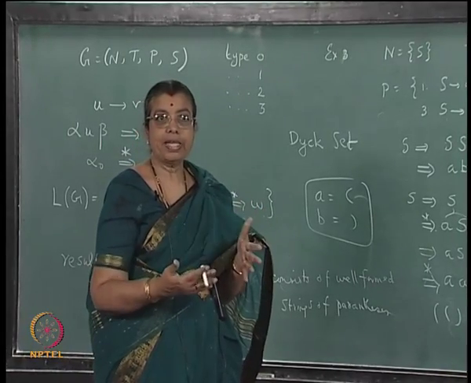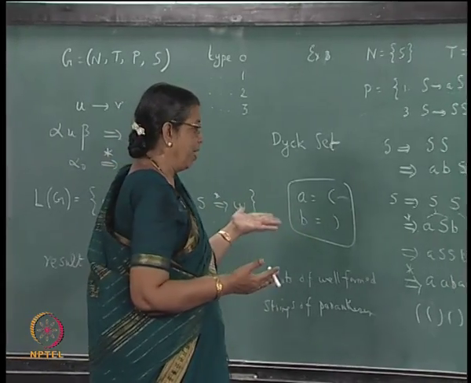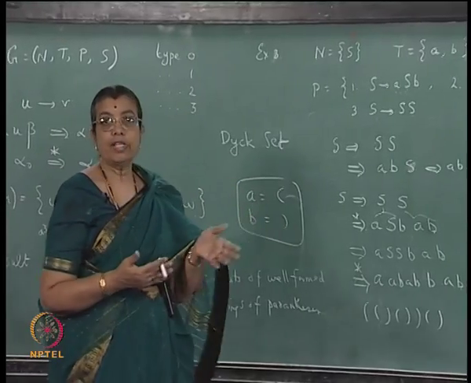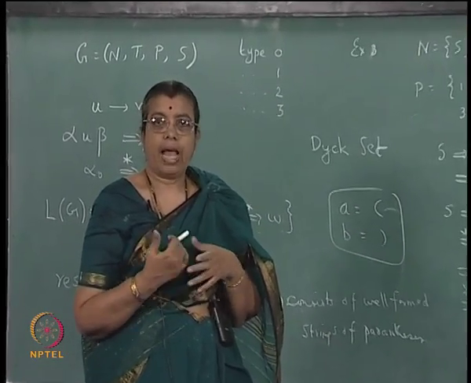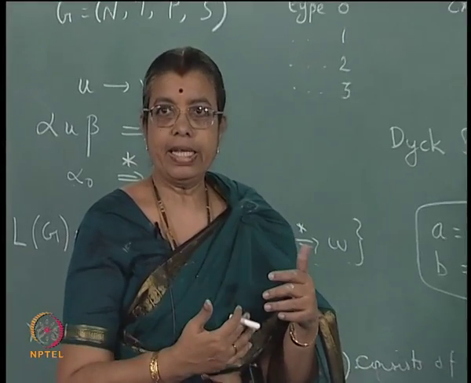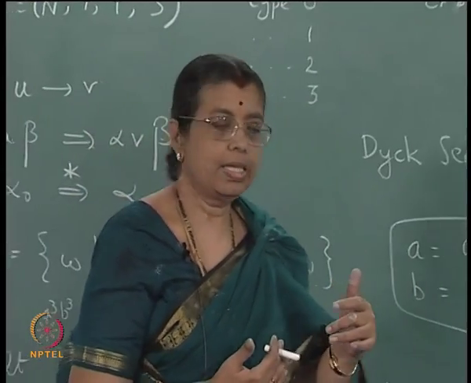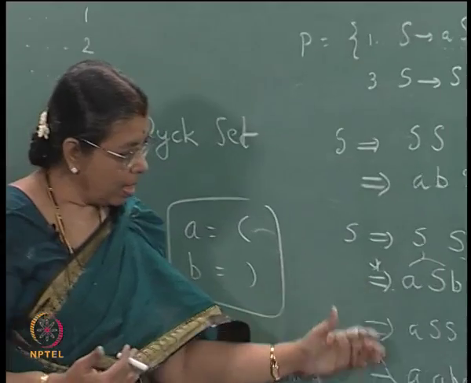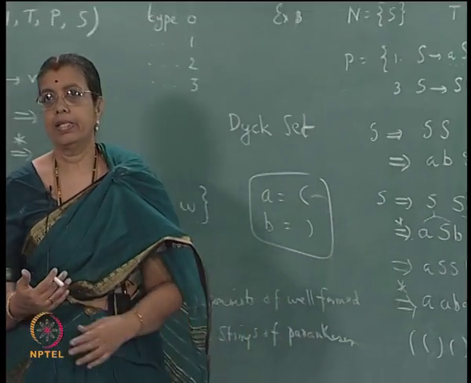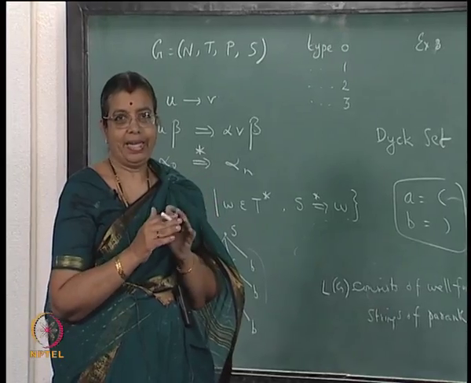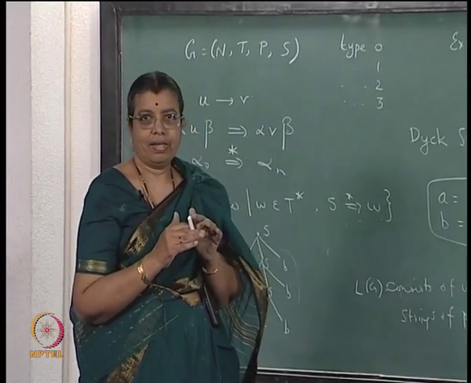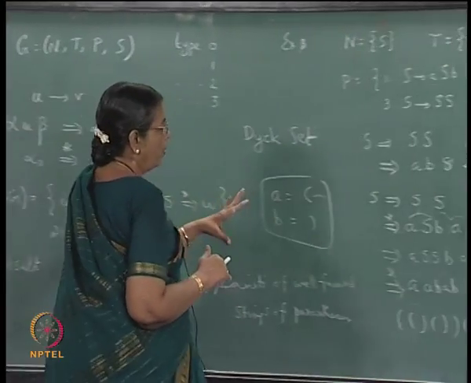Similarly, there is a string which will require at least 10 non-terminals in one step. As the nesting and the length of the string increases, the number of non-terminals in any sentential form you cannot bound it. It is not bounded.